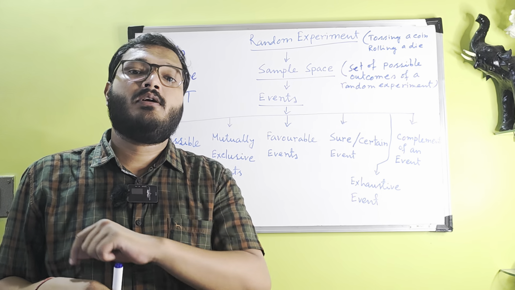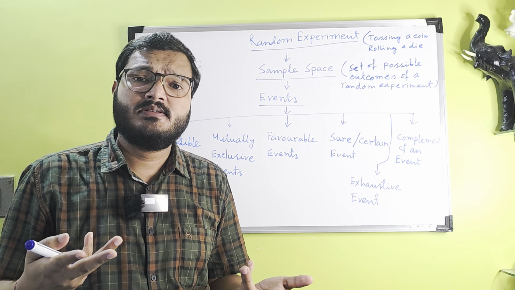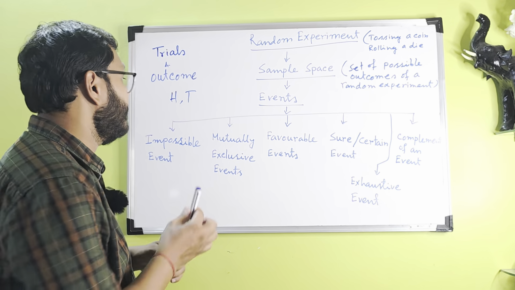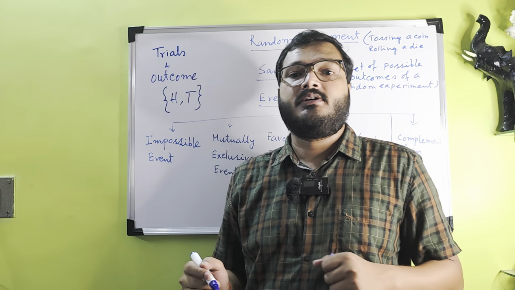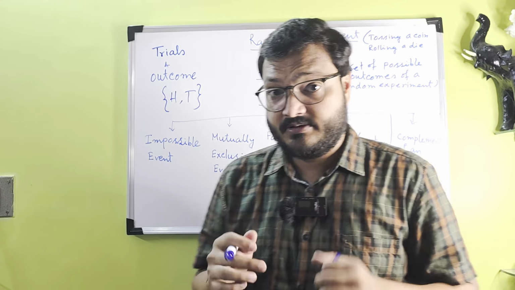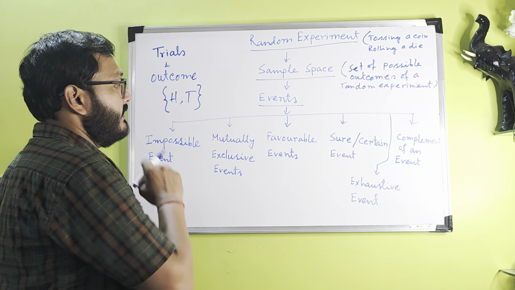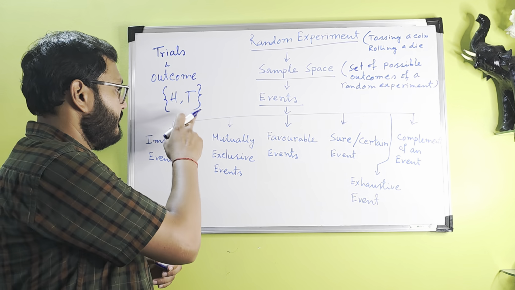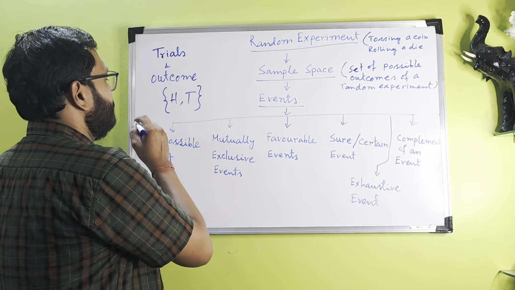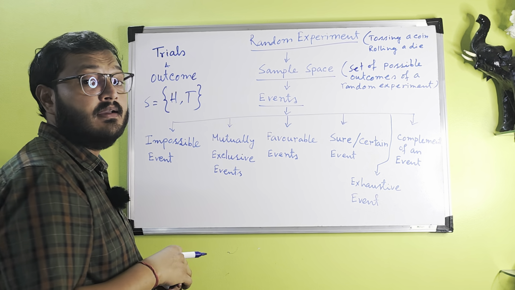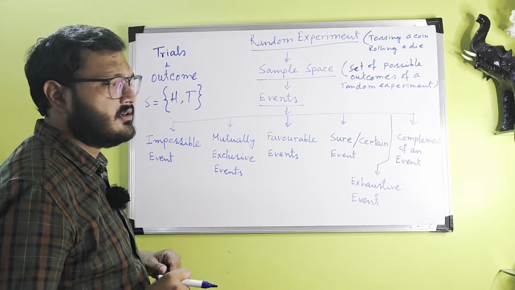If I toss a coin, what are the possible outcomes? Head, tail. So they form a set. You have to have a little bit of the concept of sets here. We write the set in roster form or set builder form in curly brackets, and we denote the sample space by the capital letter S. So this is for tossing a coin.